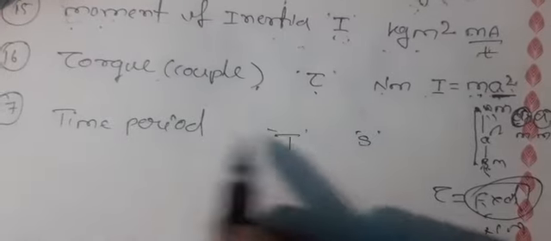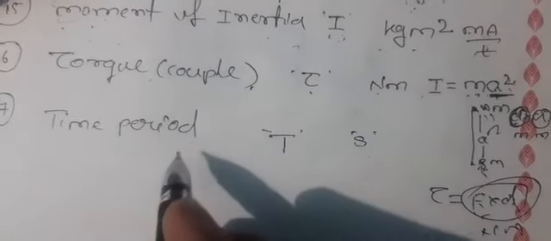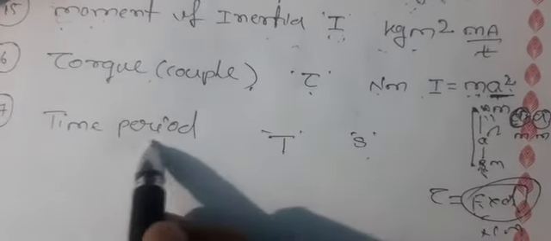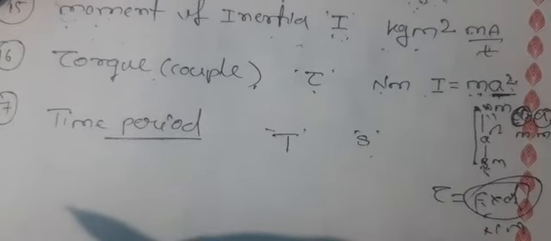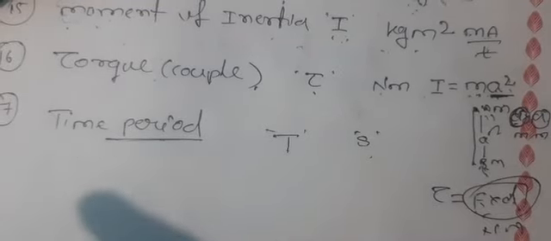The unit of time period is second. The time period is the time taken to complete one circle, one oscillation, one vibration. That is called time period.